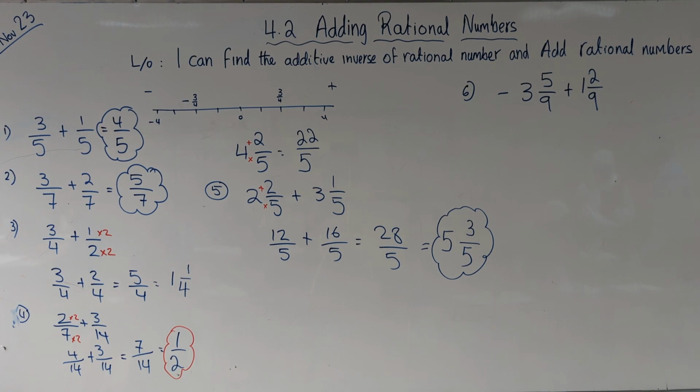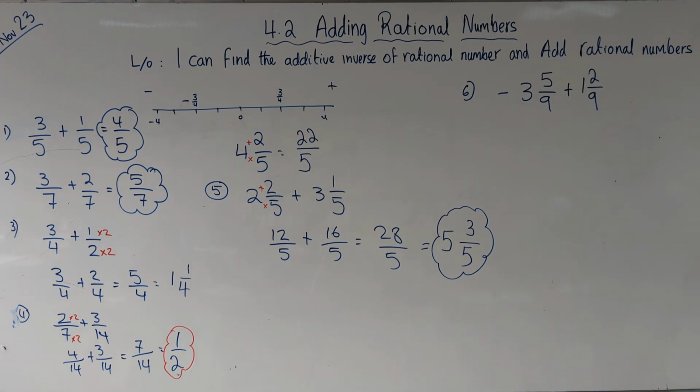Yes? Well done. Just finish the next one. It's not correct, it's nearly correct. Okay, one more step. So now you take away, not add them, because one is minus. So you have to take away, and then the answer will be correct.